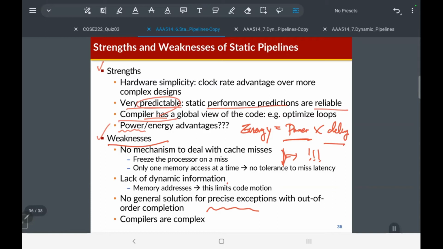And then burdens are moved to compilers. The architecture is relatively simple, which means we can reduce the hardware complexity of the static pipeline architecture. But in order to increase the performance, we need to apply compiler techniques, which means the compiler structure can be more complex.